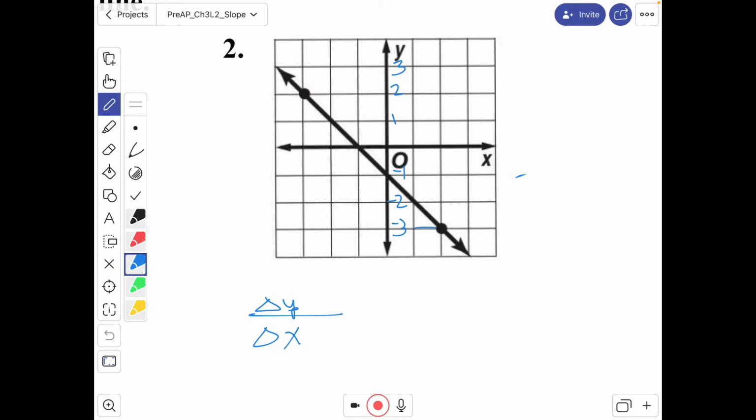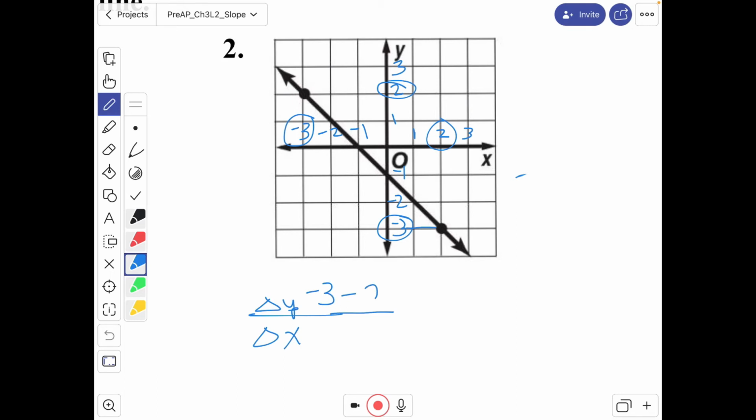So I have a negative 3 and a positive 2. And for x's, if you're going to the right, that's positive, and if you go to the left, that's negative. So for my x's, so the y's were negative 3 and 2.